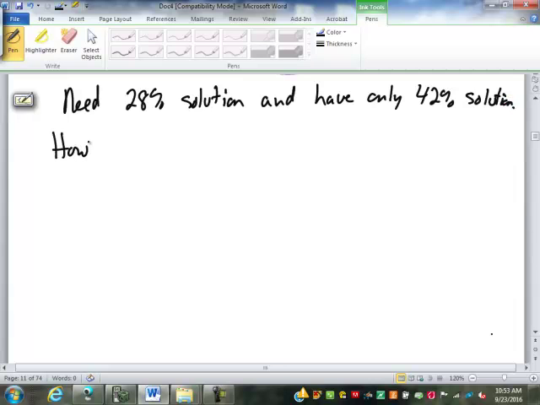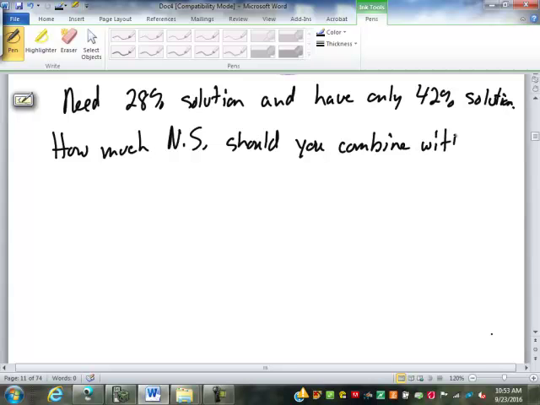How much, I'll use this abbreviation again, NS, normal saline, should we combine with 300 milliliters of 42% solution?